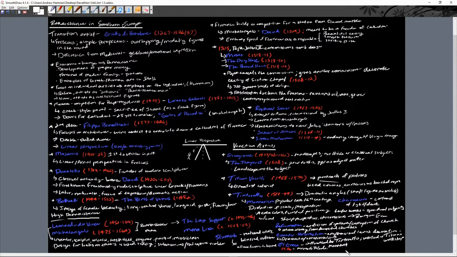And the key thing that he used to capture religious fervor is elongated figures, right, to show religious fervor. The religious fervor of the Counter-Reformation, right?